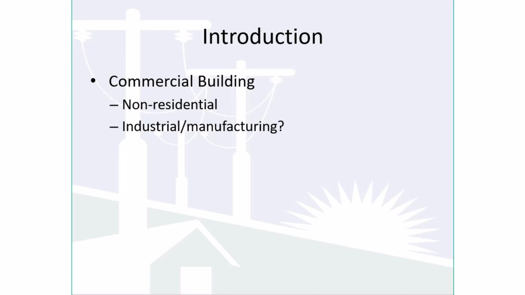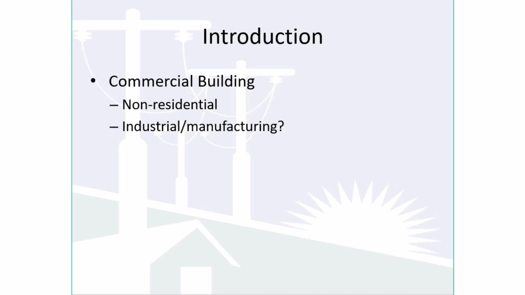But what about industrial and manufacturing facilities? Well, those facilities are generally shells, big buildings that are structured such that they have a very high internal load. They have some kind of process going on that uses a lot of energy, for manufacturing or for some industrial purpose. And so those usually are put into a category of their own, industrial or manufacturing.